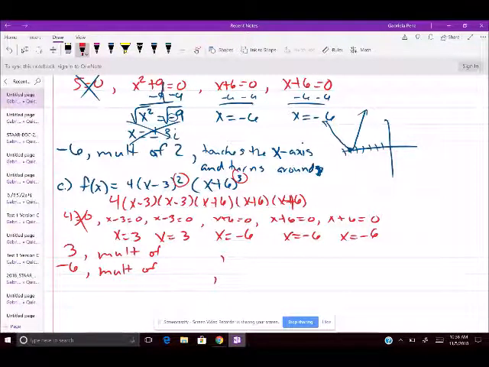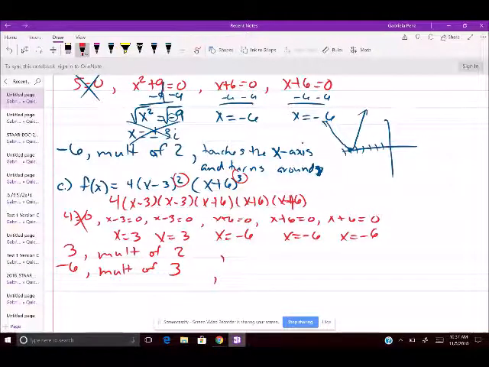So 3 is there twice, so multiplicity of 2, and a multiplicity of 3.